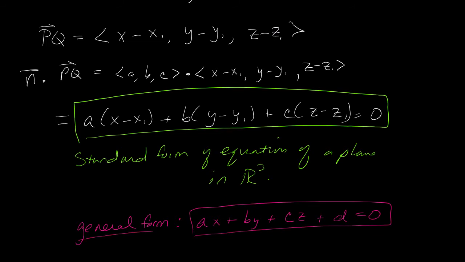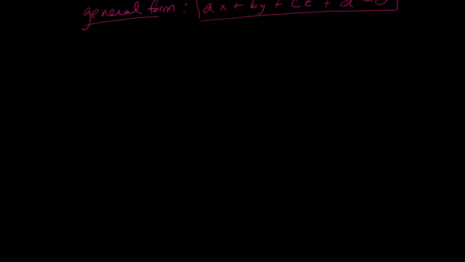But of course, standard form is the most useful because it has all the pertinent information staring at us. It has the direction from the normal vector, and it has the point x1, y1, z1 sitting right there inside of it. So this is very, very useful, and we can find equations of planes in three-dimensional space. So let's go ahead and do that now with an example.